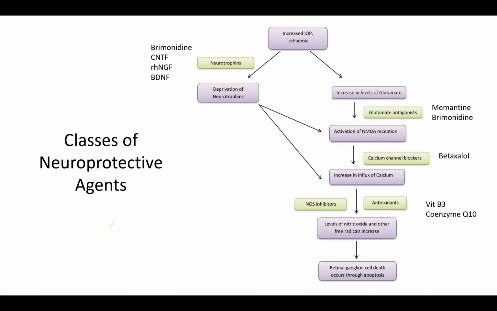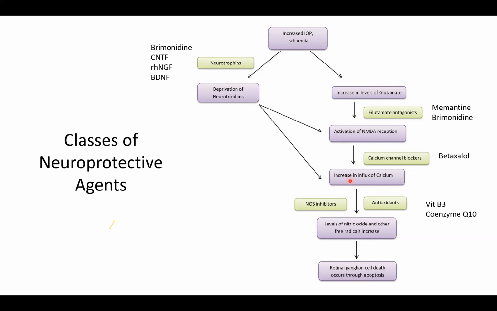So we'll now talk about the types of neuroprotective agents. And if we look at the propagation of cell damage or cell death, what happens is we have initially an insult to the optic nerve, such as increased IOP or ischemia, that causes a deprivation of neurotrophins and also increases the levels of extracellular glutamate, which activates the NMDA receptor.